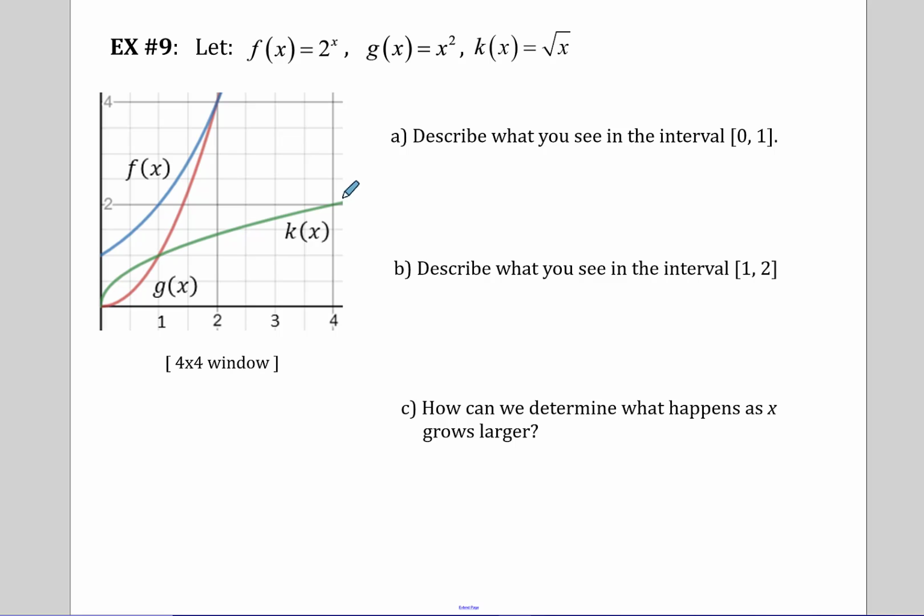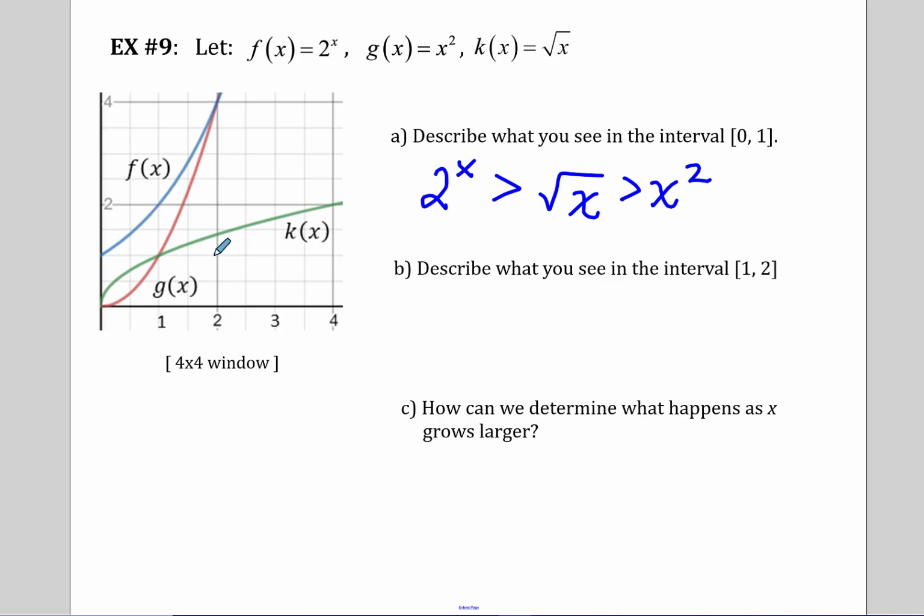And what I see on the interval from 0 to 1 in this window is that f of x is bigger than the green square root of x, and then the square root is bigger than x squared, but that's just in this little interval.